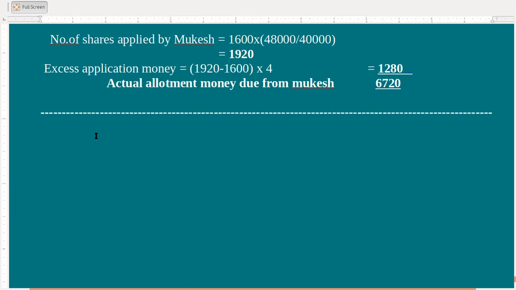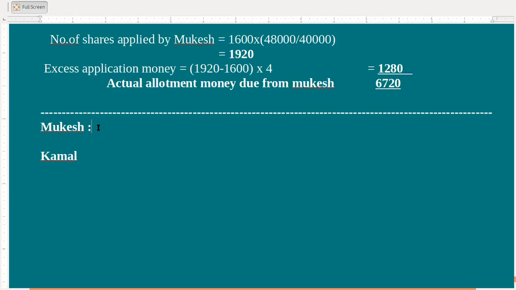So here we have two defaulters, two shareholders who are making defaults in payment. We know Mukesh, and who is the second person? Kamal, right? These are the two persons who are making defaults. So the amount already paid by Mukesh and the amount already paid by Kamal will be transferred to the share forfeiture account.